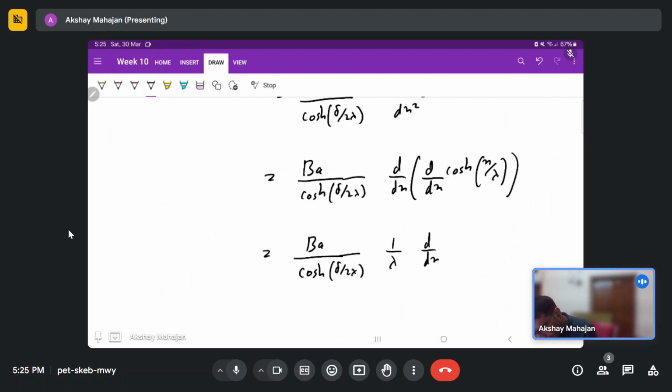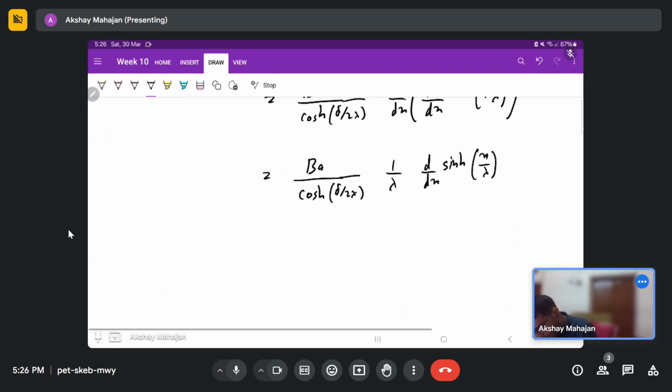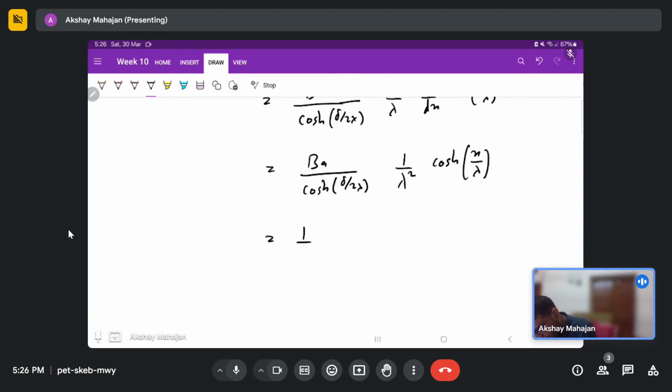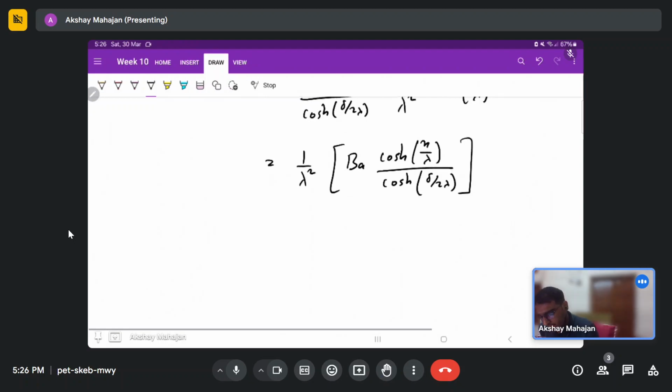We get d/dx of sinh(x/λ), and then you again take the differentiation, you get 1/λ² cosh(x/λ), and basically what we are getting is B_a times cosh(x/λ) divided by cosh(δ/2λ), and that is basically your B of x.